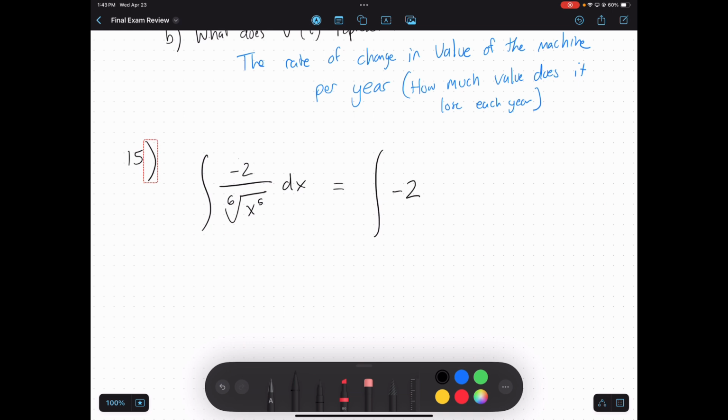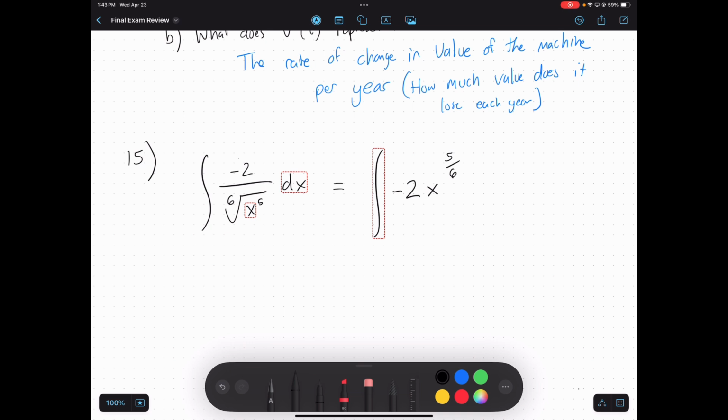But what about the 6th root of x to the 5th? Yeah, I can rewrite that as a single exponent, as a fraction exponent, where the denominator of that fraction is whatever the root is, and the numerator of the fraction is whatever my normal power is.